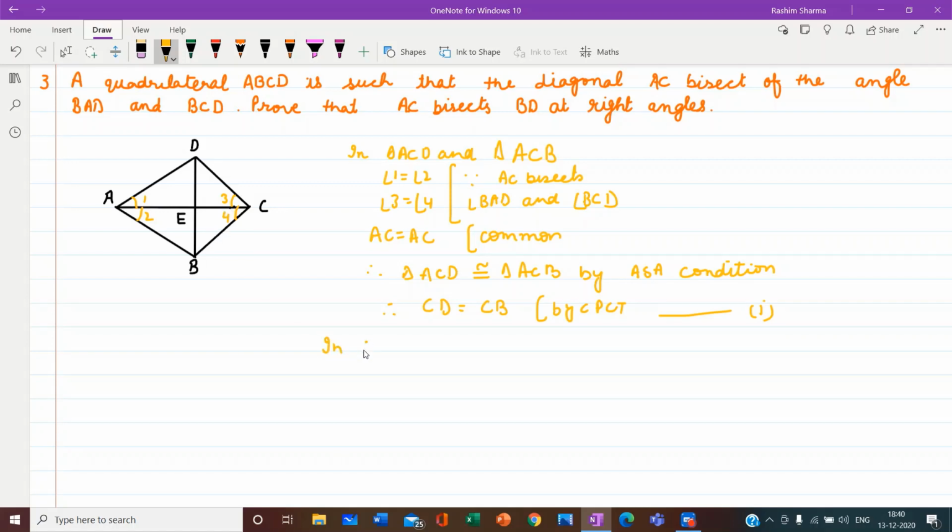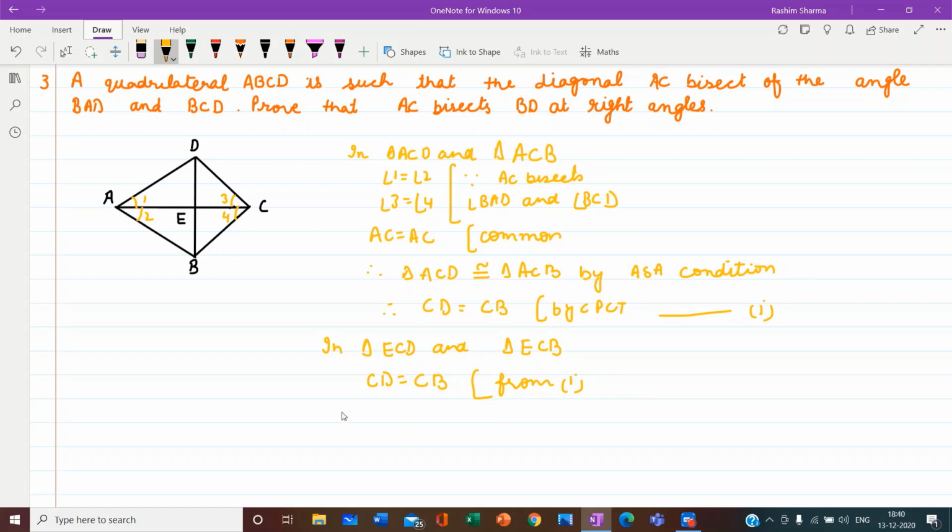In triangle ECD and triangle ECB, we have CD is equal to CB. Here we have proved it above, so we can write it from 1.